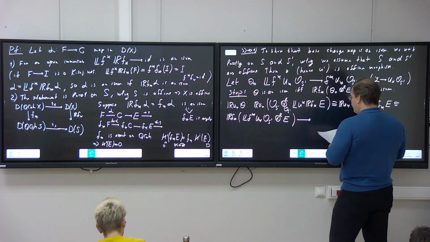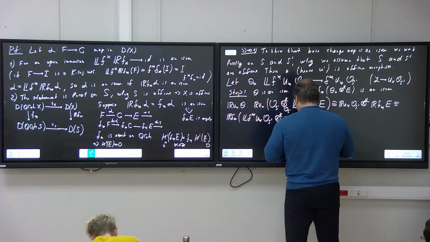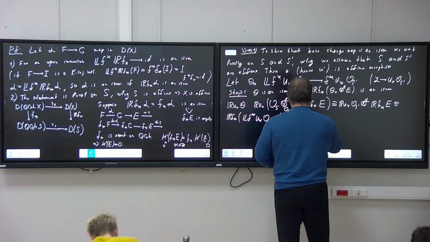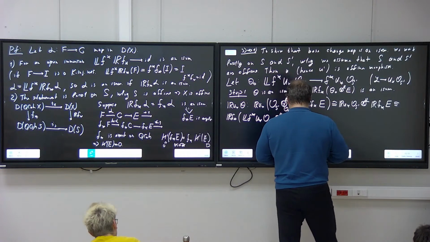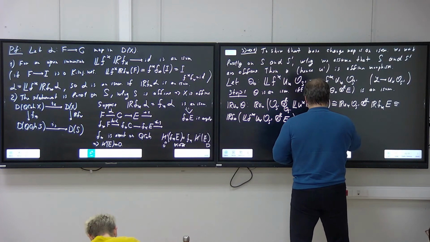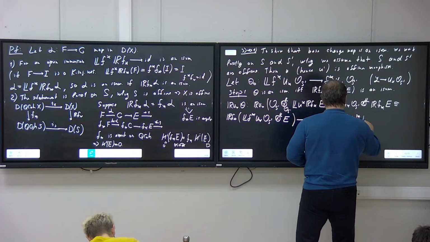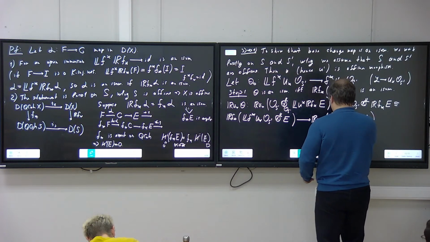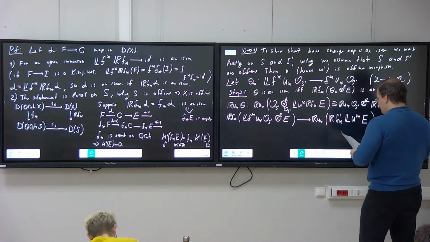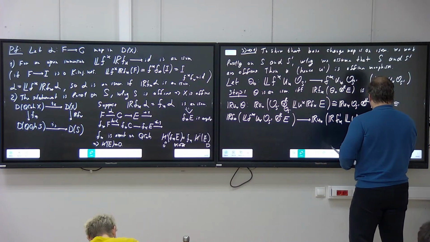Now, how about the target? In the target, I have R U lower star, R F prime lower star, L U prime upper star applied to the E. I need to simplify this part.